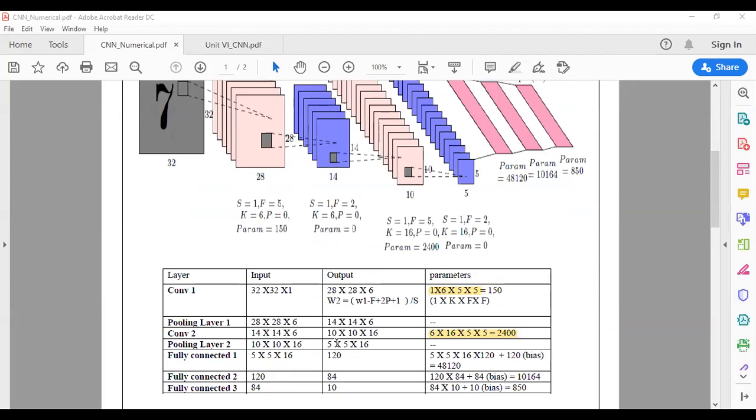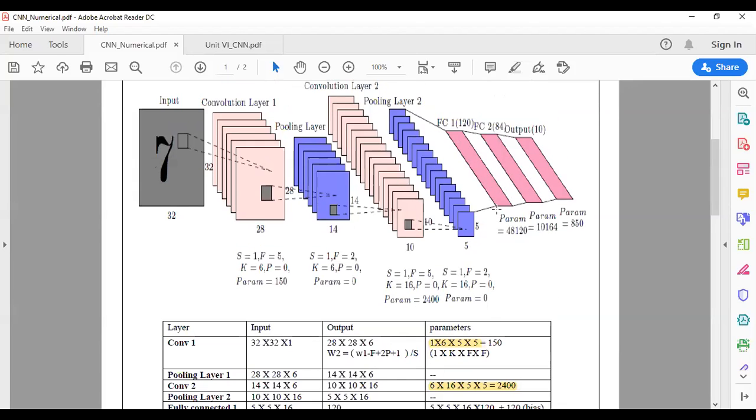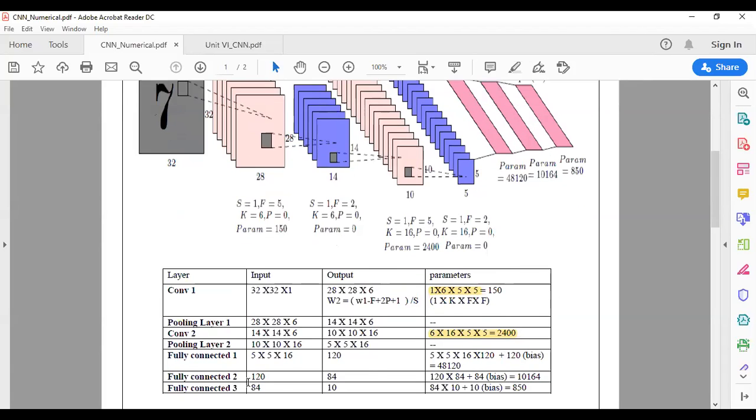So how many weights will we need? 5 into 5 into 16 multiplied by 120, plus 120. What is this 120? Bias. Do you remember the concept of bias, everyone? There is a weight given to bias as well. Whenever I'm using a fully connected network, I add 120, because the output neurons are 120 and each neuron has a bias.